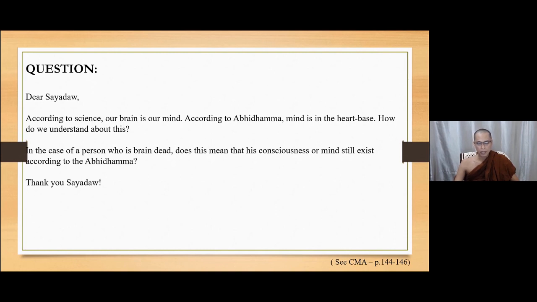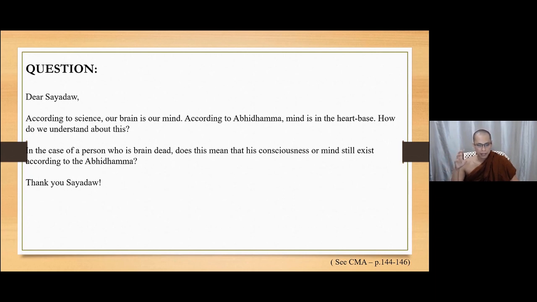What I understand, and some Abhidhamma scholars also mentioned, is that the condition for the mind that they found in the brain actually comes from the heart base. They are still missing the part that connects the heartbeat and the brainwave or nerves in producing the mind.